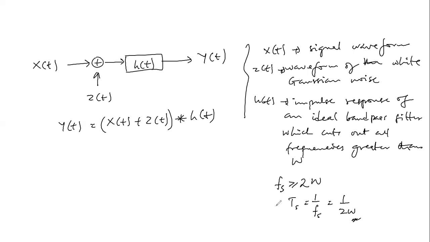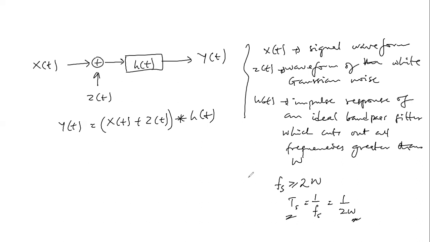That is, the signal cannot change very much in a time interval less than the sampling period. So if we assume that the channel has a bandwidth of W, we can represent both the input and the output by the samples taken at the sampling rate, okay?